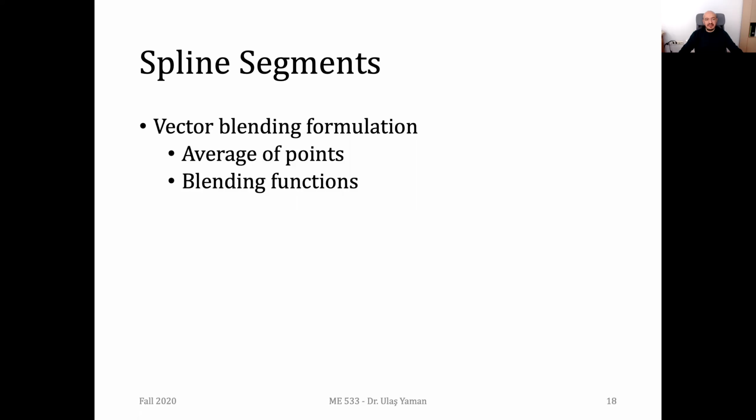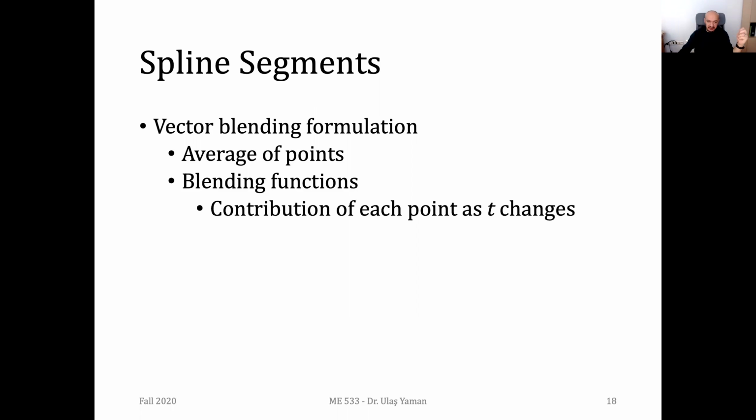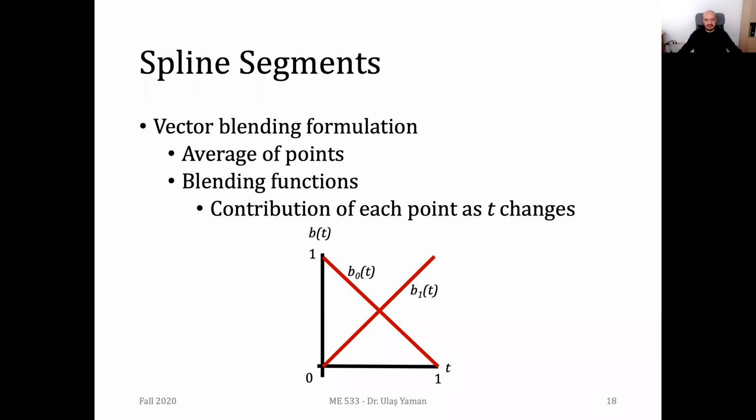Once it's linear, fine, but if you have higher order, let's say splines, then we need to use such blending functions. And the blending ones, as the name implies, are not just purely the average of these points. Instead, some points may have more importance, some other control points will have less importance. And that importance will change according to your t value, the parameter value.